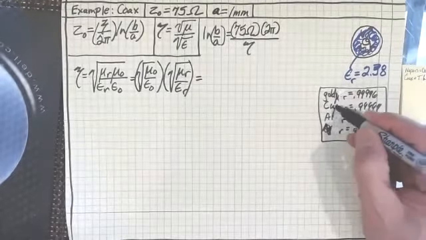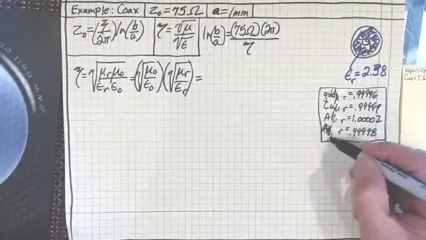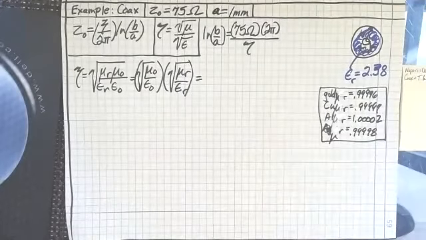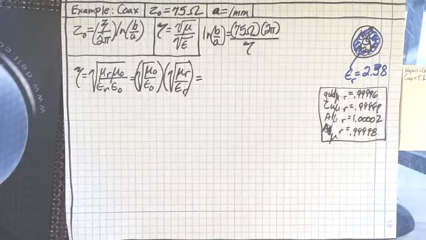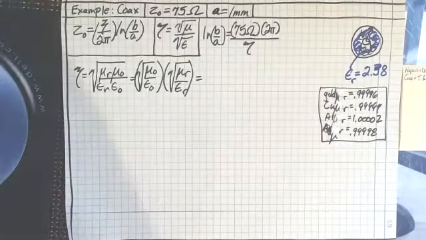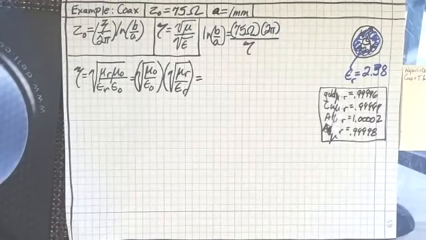I'm going to write it in there, even though it's going to ruin this pen. Mu sub r for all of those is 1. For everything that we're going to be doing in this class, mu sub r is going to be 1. If it changes, I will let you know. But let's just say it's 1 for right now on everything that we're going to be doing.